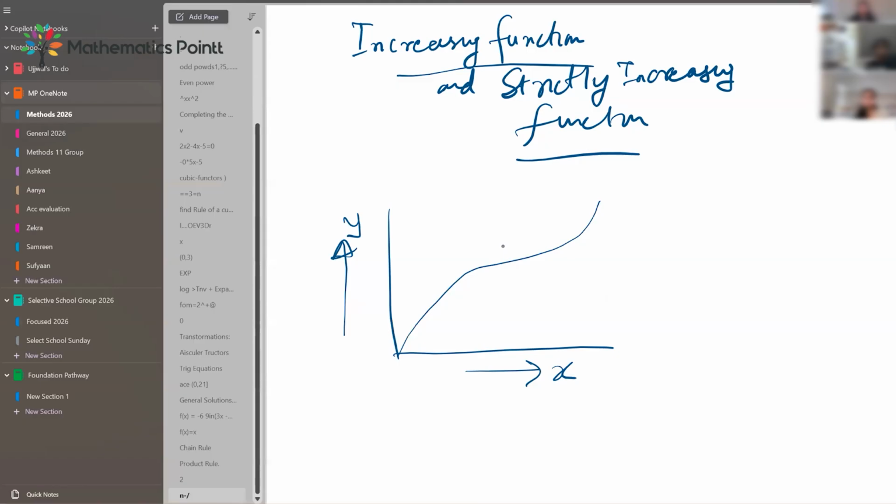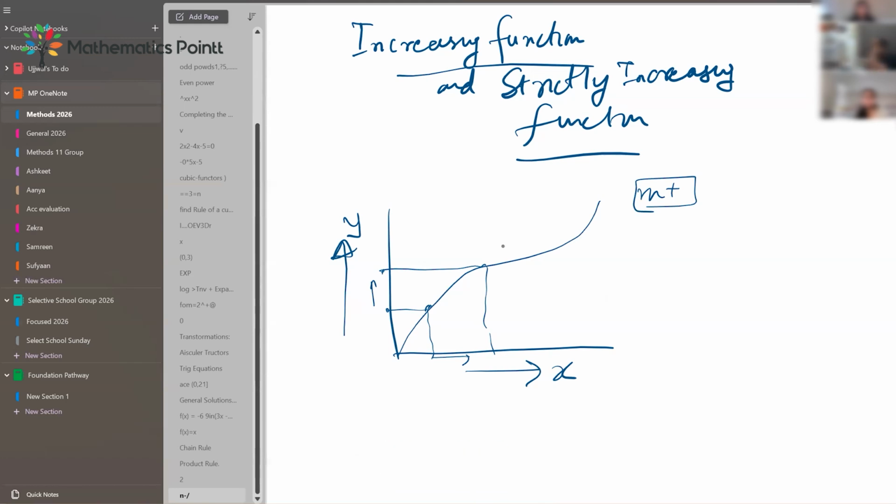This is an increasing function. You see, as your x value increases, your y value increases. We all know that. And exactly similar is the decreasing, opposite. So gradient is positive. M is positive, the slope.